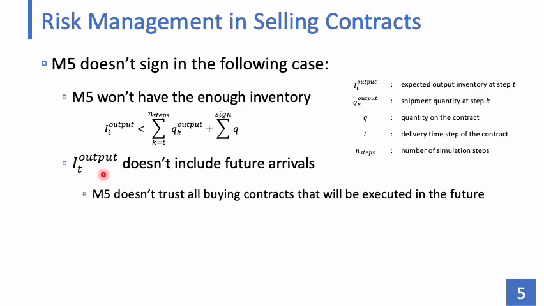Note that this doesn't include future arrivals, because these can be breached by the opponent and M5 can't be received in sufficient quantities. M5 doesn't trust all buying contracts that will be executed in the future. This way, M5 never breaches the selling contracts.